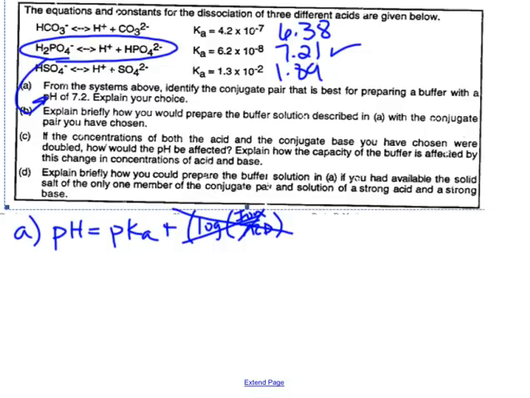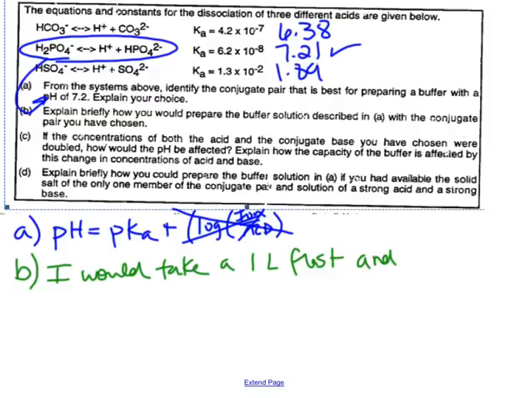Explain briefly how you would prepare the buffer in solution A with the conjugate pairs you have chosen. So, how I would make the buffer, I would take a 1-liter flask and put equal moles of my H2PO4 minus, but I can't find H2PO4 minus on the shelf.